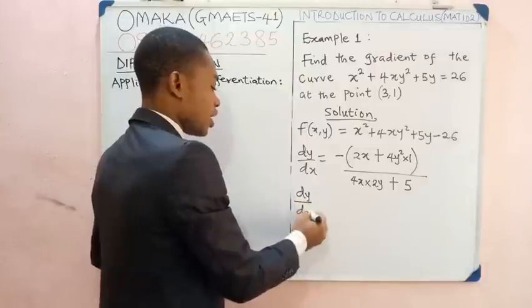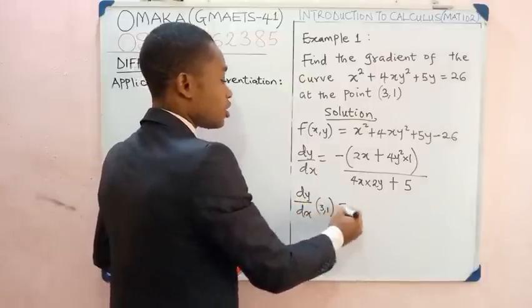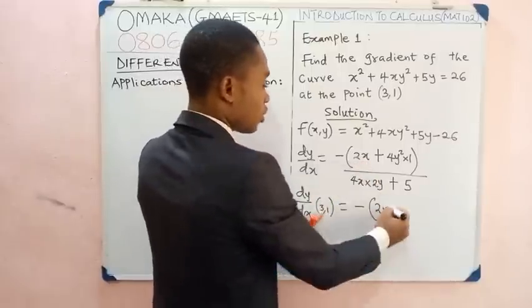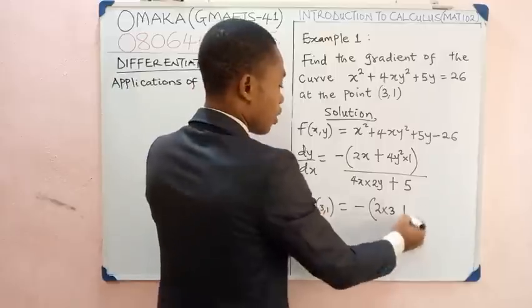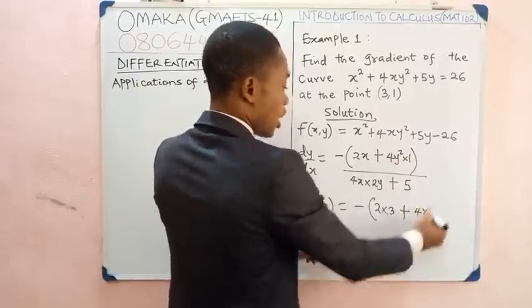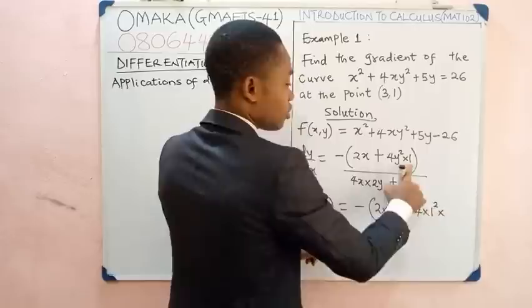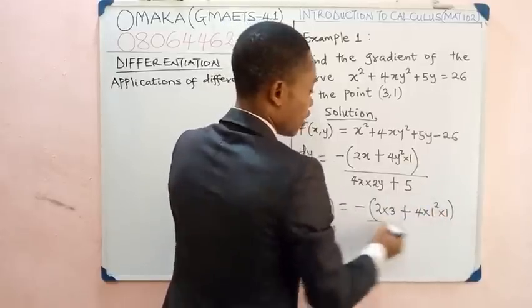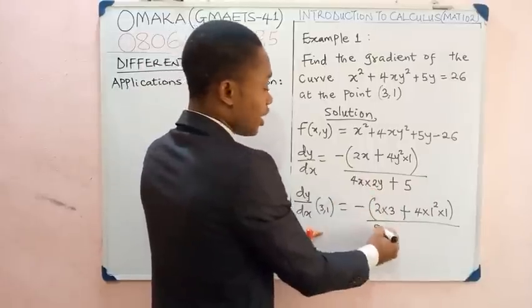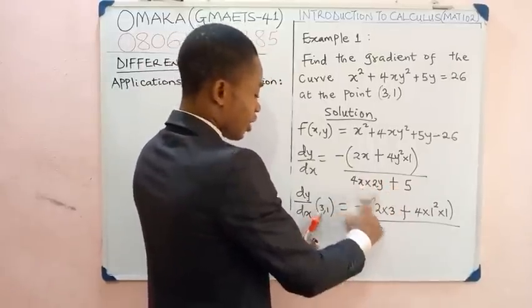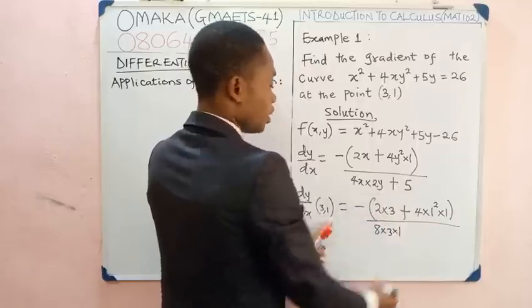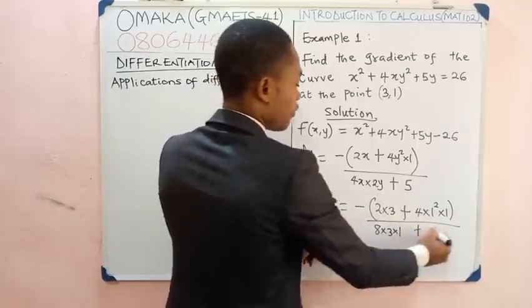I'll say dy/dx at the point (3, 1) is equal to minus open bracket 2 times, in place of x, I'm going to put the coordinate which is 3, and then plus 4 times y squared, and y is 1, you square it, then times this 1 here. Then everything all over, 4 times 2 already gives us 8. Then this x has the value of 3, and this y has the value of 1. You can see the coordinates, then plus 5.